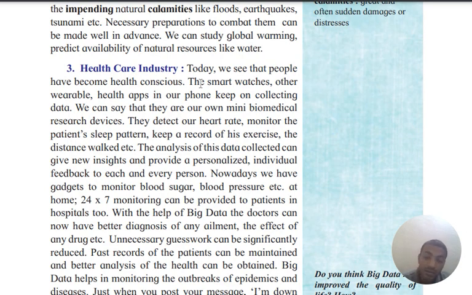They detect our heart rate, monitor sleep pattern, and keep a record of exercise, rest, and walking, how much distance you walked, right?